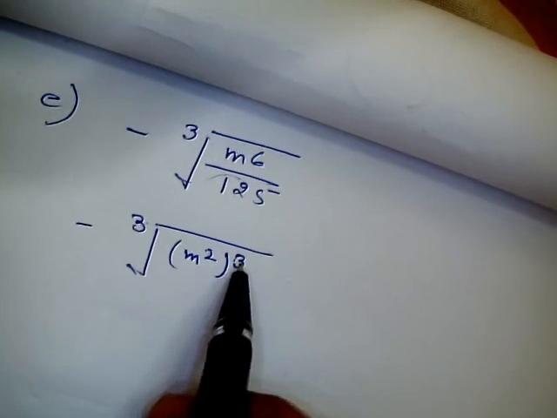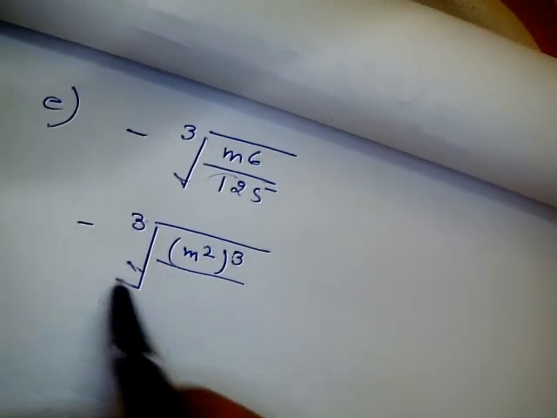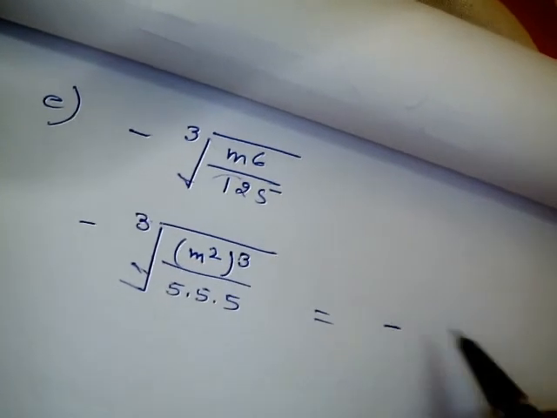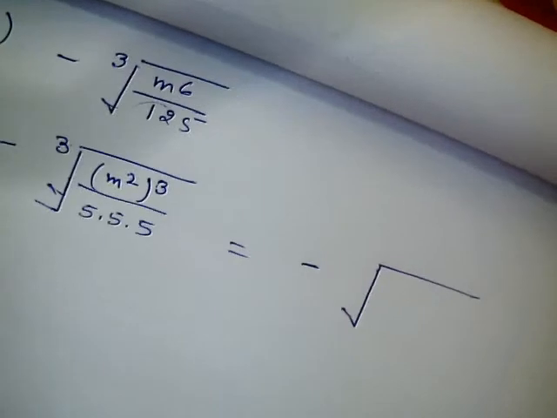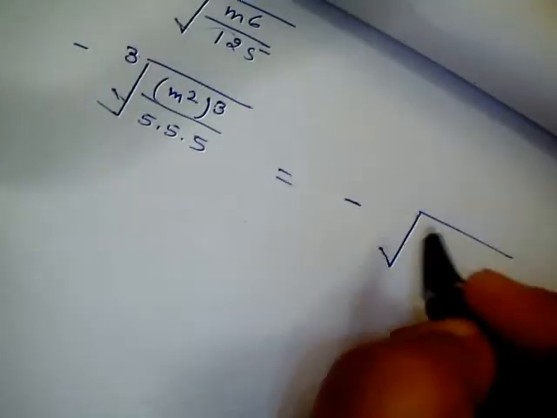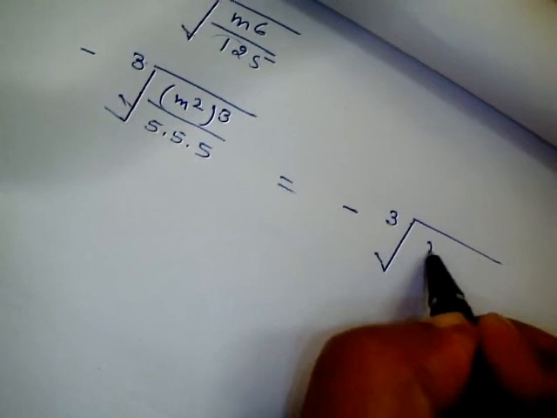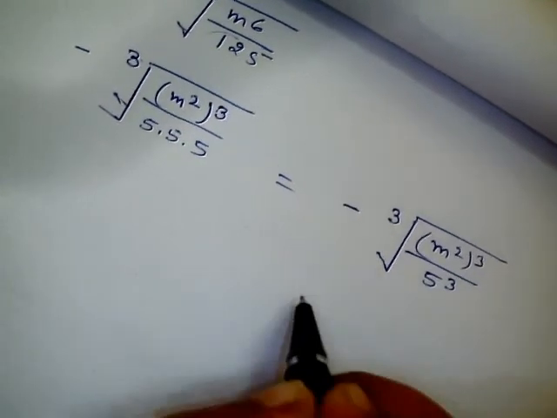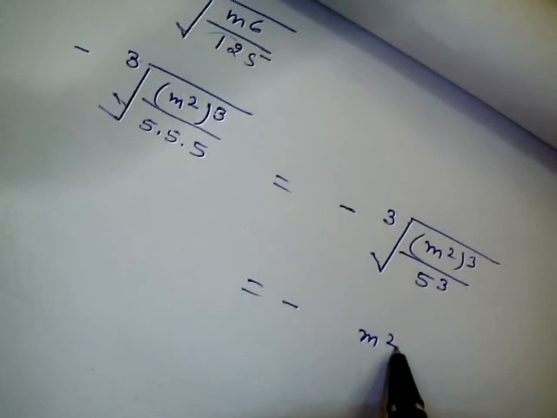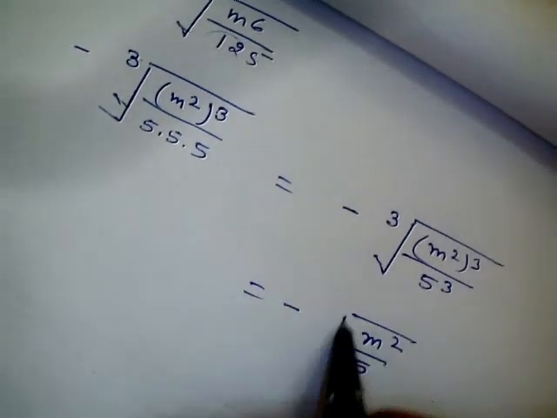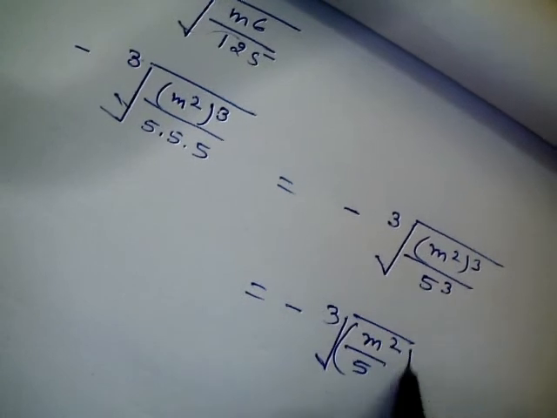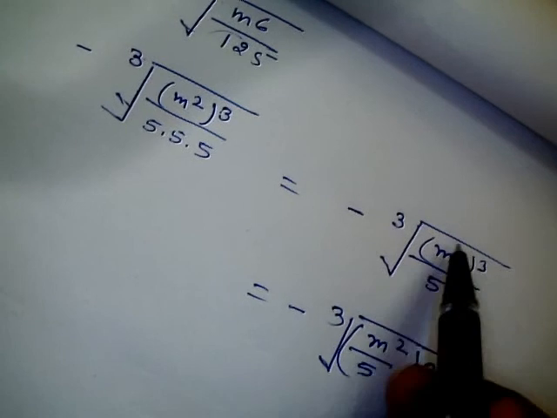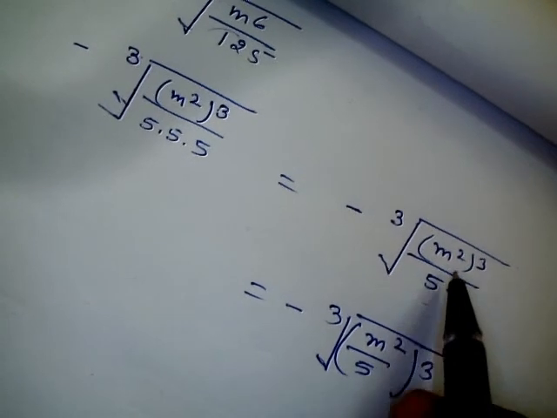So this is going to be m square cubed upon 5 cubed, correct, and we can write that as m square upon 5 whole cubed, because the denominator is also power 3 and the numerator is also power 3. So the whole term is m square upon 5, with power 3 outside.